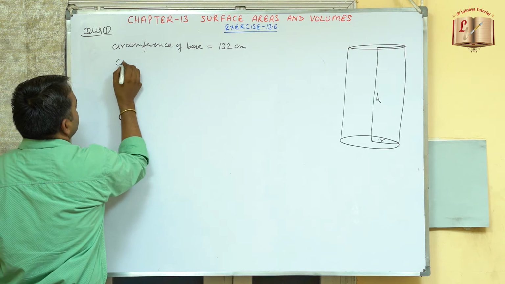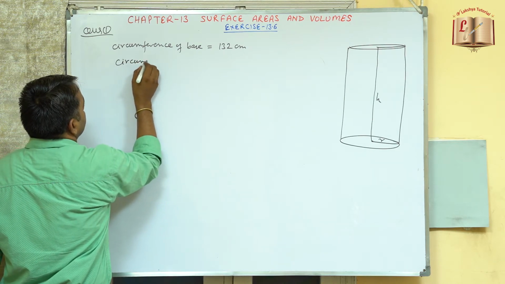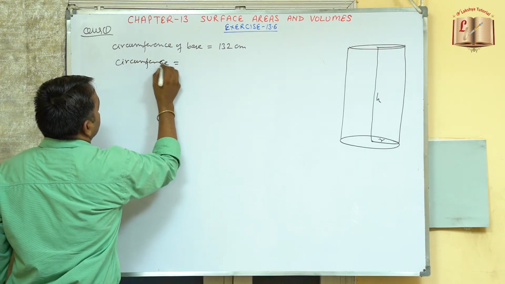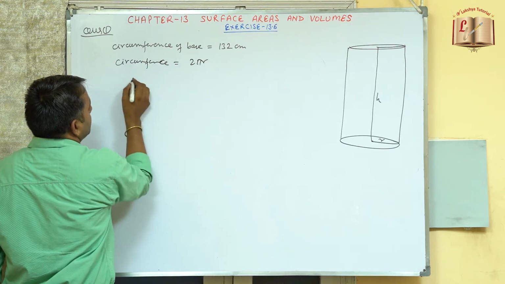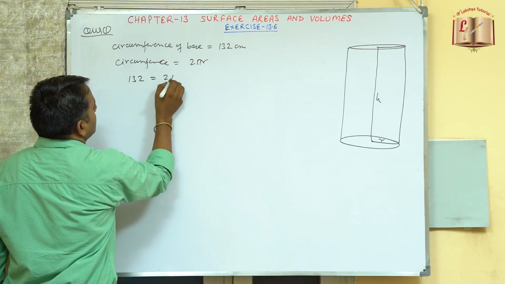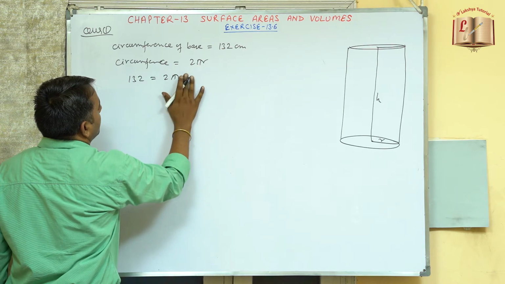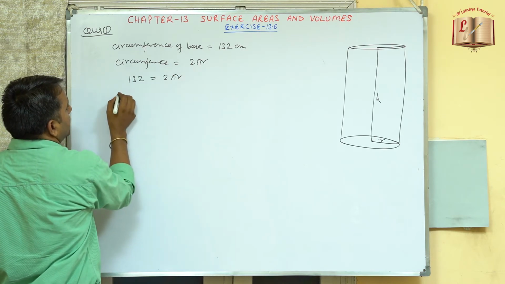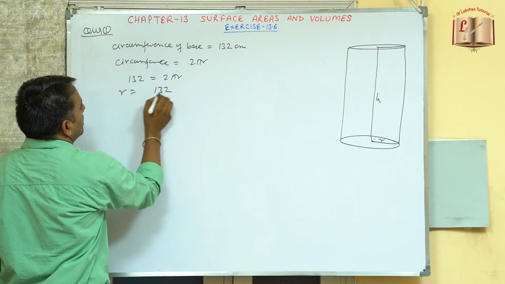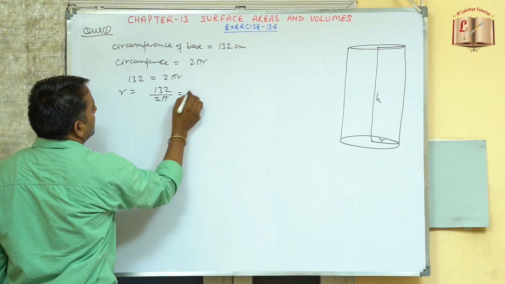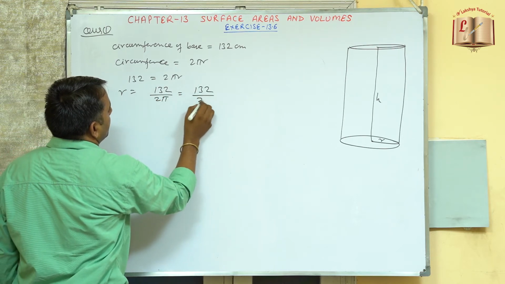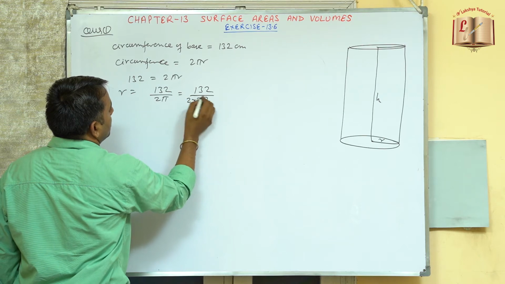So circumference is given as 2 pi r. So this is 132 is equals to 2 pi r. So r will be equals to 132 divided by 2 pi, or this can be written as 132 into 7 upon 2 into 22.